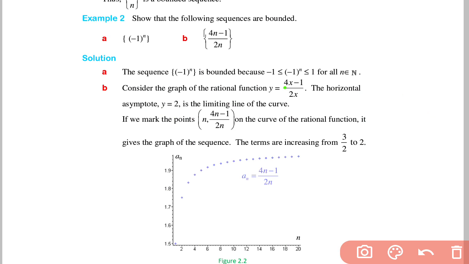For (x - 1) over 2x, the denominator is degree 1 and the numerator is degree 1. Because of this, the horizontal asymptote, when the numerator and the denominator are of equal degree, is the ratio of the leading coefficients.